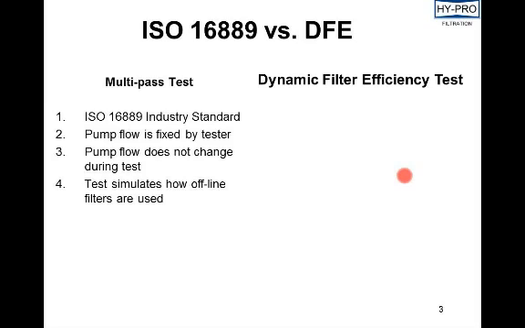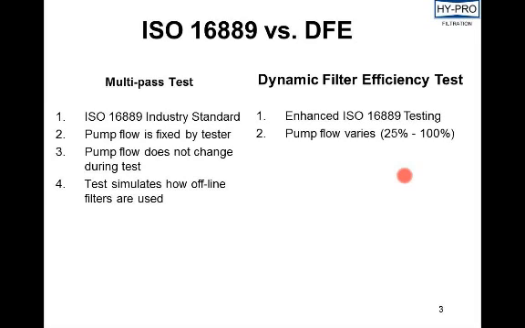In contrast, the DFE test is an enhanced version of the industry standard where we can vary pump flow rate even to a ratio of 4:1. So if we're running at a maximum flow rate of 100 gallons per minute, we can drop that flow rapidly down to 25 GPM and then back up to 100 GPM, where we can more realistically simulate what happens in a hydraulic system.